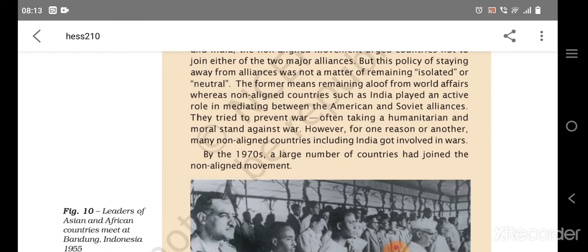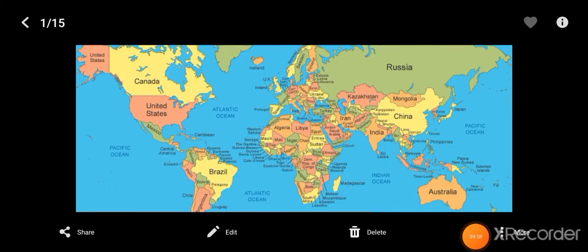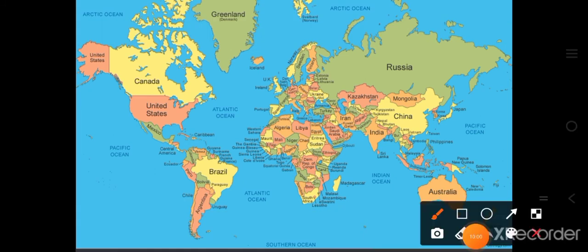Okay, so I'll just give you a short, brief explanation of how India became a part of the Cold War. If you see the world map here, basically these were the countries, United States and Russia, which were fighting with each other.